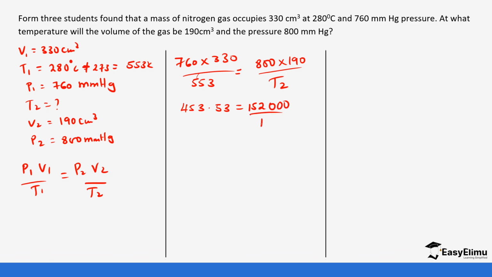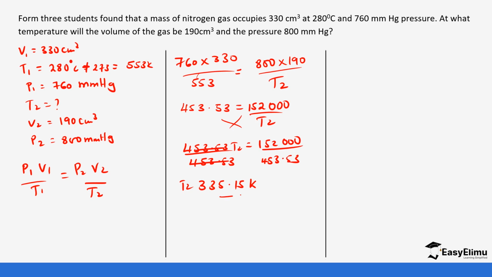If you cross multiply, you get 453.53 T2 is equal to 152,000. If you divide by 453.53, you get your T2 as 335.15. That is our T2, and this is in Kelvin.